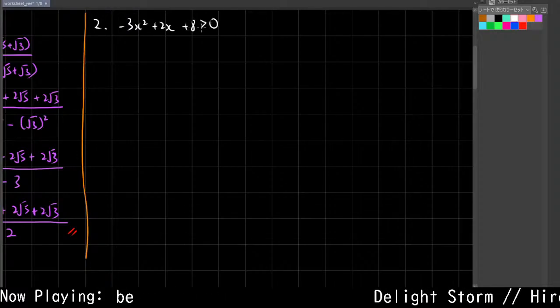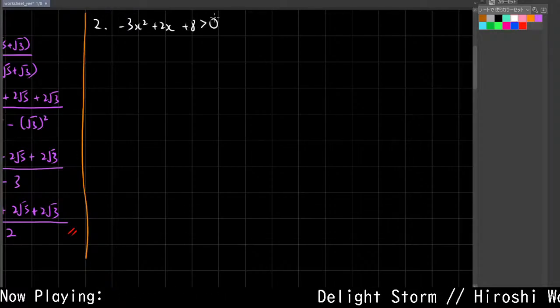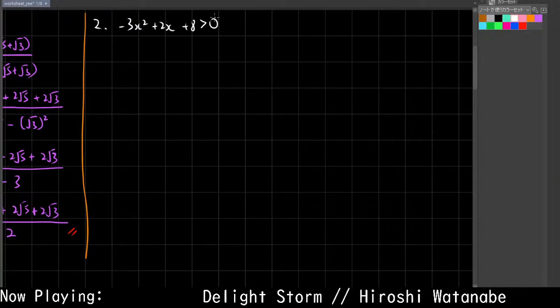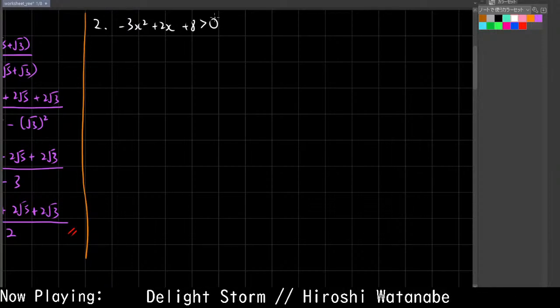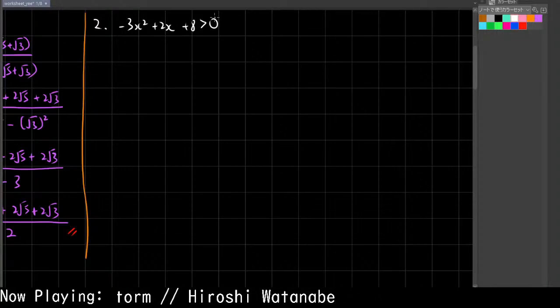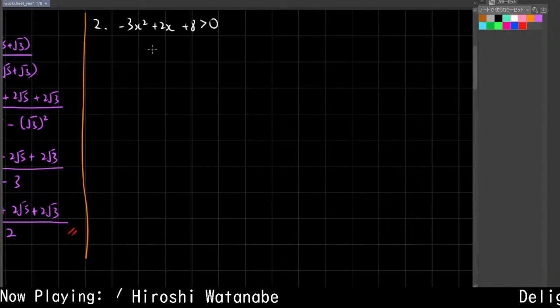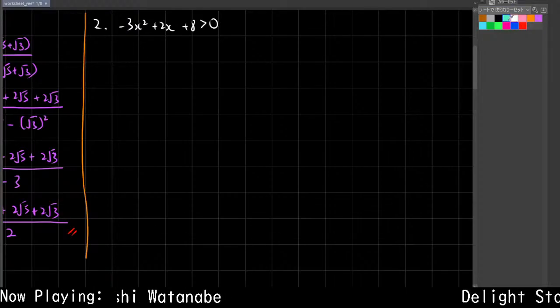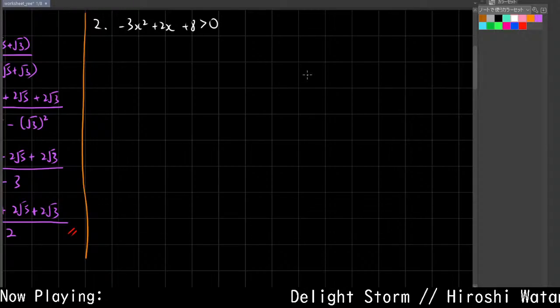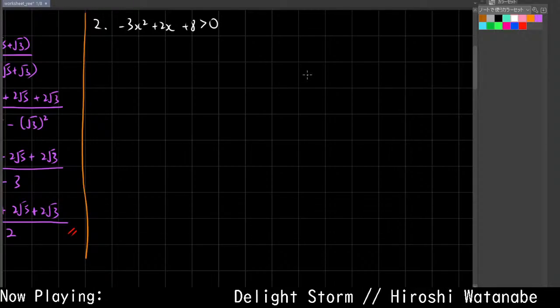If you want to solve a quadratic inequality, you want to find the x-intercepts, see what shape it is, and then see which regions you want to pick. In a normal sense, we can get rid of the negative sign of the x squared by multiplying the entire thing by negative 1.